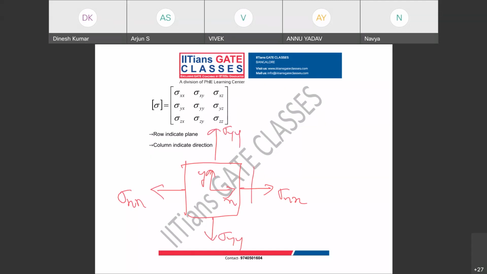Now you can see the corresponding shear stresses. This is in positive axis direction, so this will also be in positive axis direction. It is either tau XY or sigma XY. Then here you will have the corresponding shear stresses. Clear, guys? So this is known as the 2D stress system. For 2D, if you write in matrix form, what will be sigma ij?